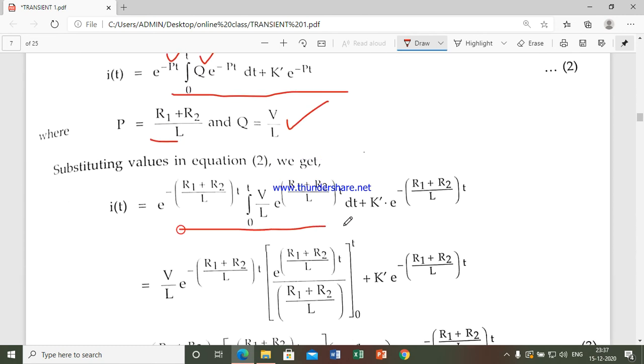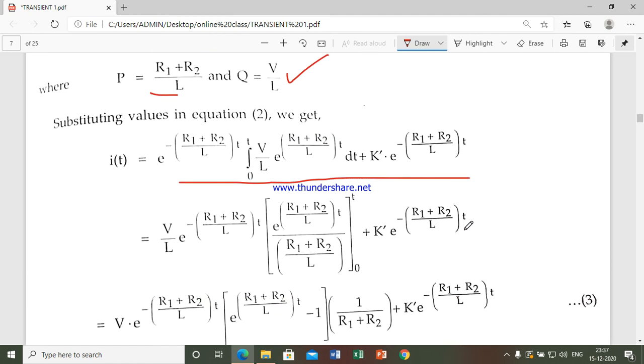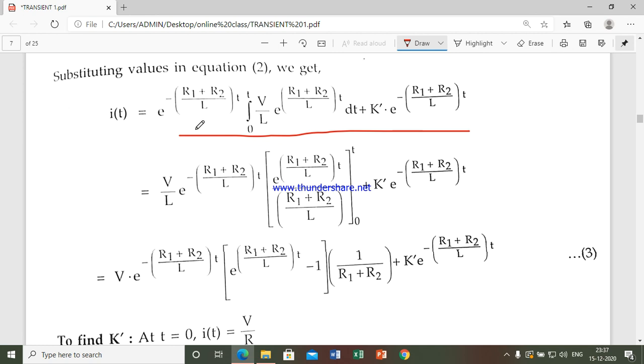You will get this. And in this expression, e raised to this is a constant, keep it outside; V by L is a constant, keep it outside. Do the integration, substitute the integration limits as 0 to t, and you will get this expression. This is the expression of I of t.